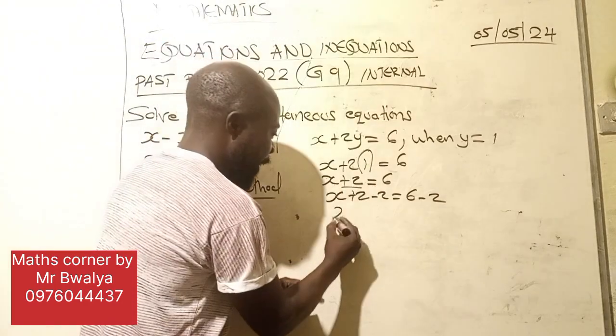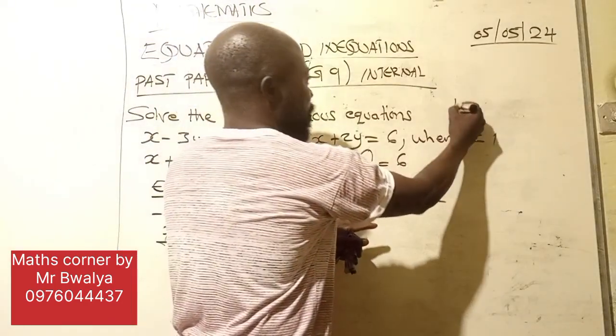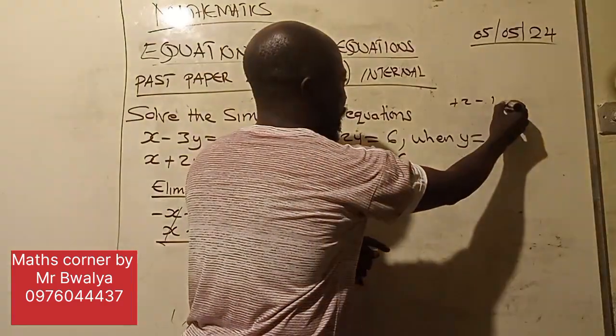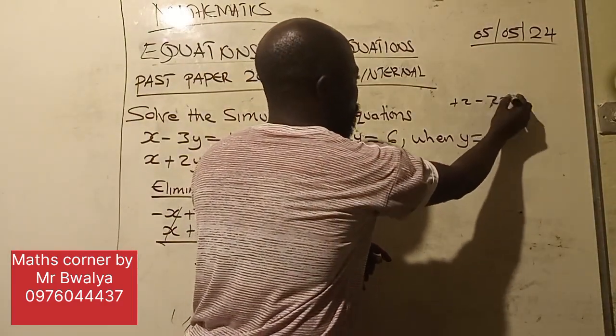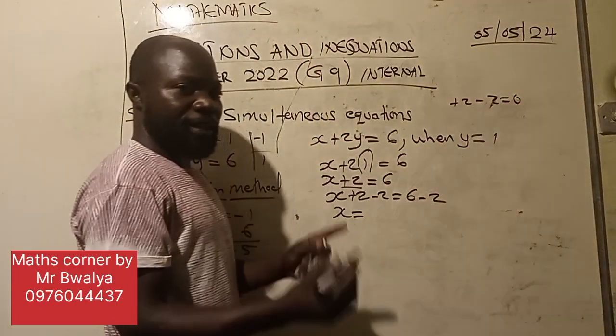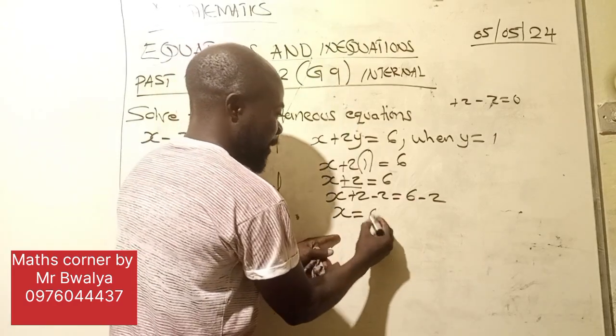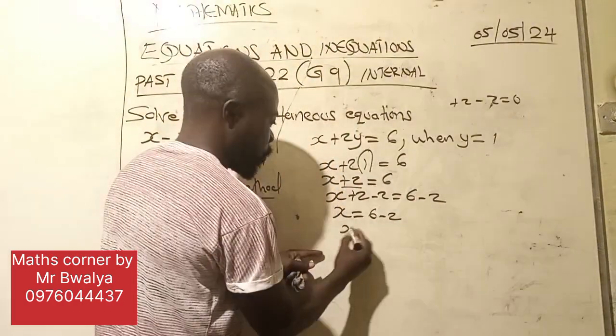So positive 2 minus 2 will give us 0. Therefore, we are saying 6 minus 2 is equals to x.